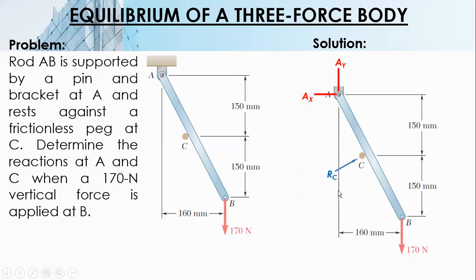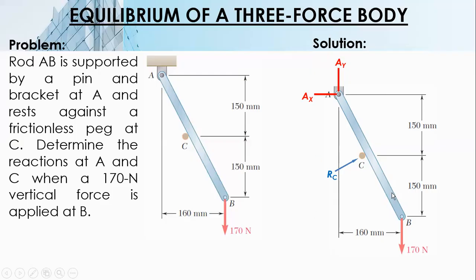We only computed angles and distances, and then we constructed an oblique triangle, and then we used the sine law to solve for the forces. That's the intention of the three-force body, instead of summation of force in X, summation of force in Y, and summation of moment. So, the known lines of action are this, 170 and then RC.